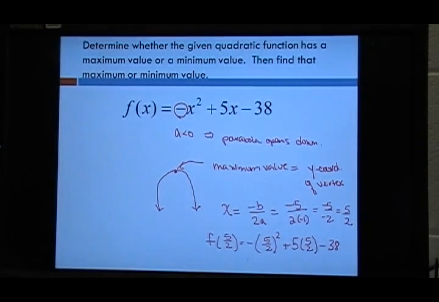So the corresponding y value is -127 over 4. So the maximum function value is going to be -127 all over 4.